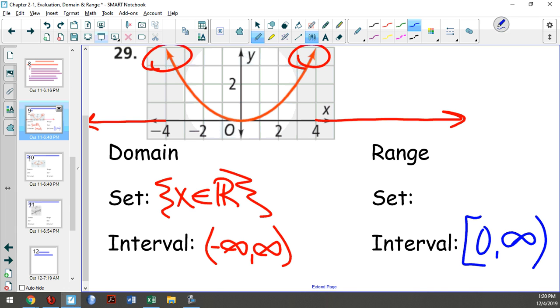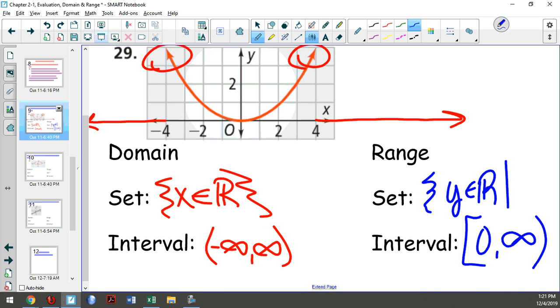So with that being said, the next thing I want to do is set notation. How do I do set notation to describe this region? I'm going to go ahead and put a brace. And what letter corresponds with range? Y is an element of the reals such that. Now, how would I describe the range?